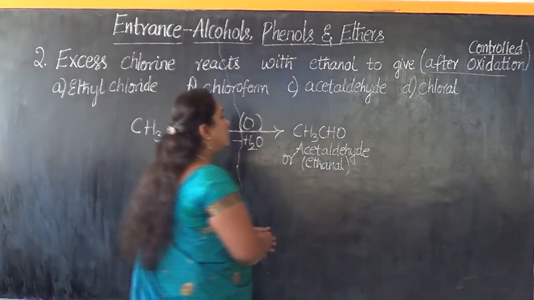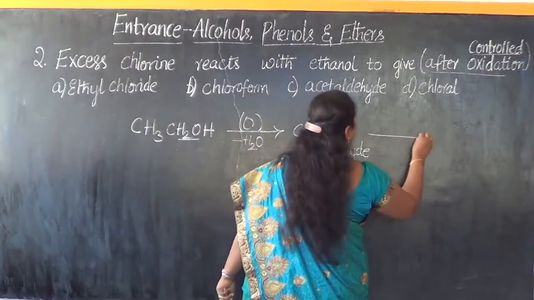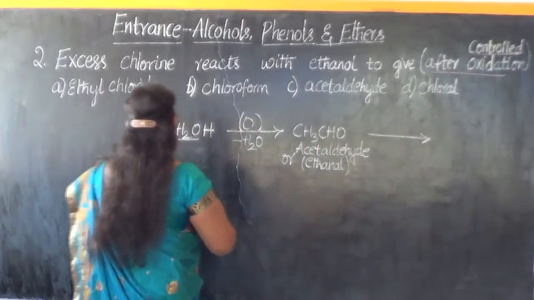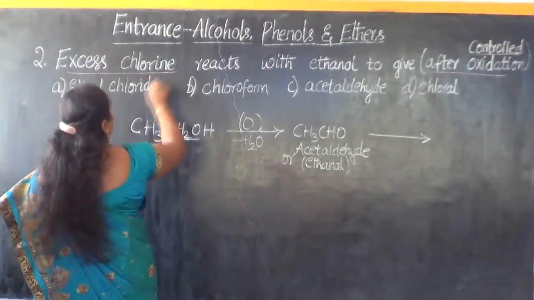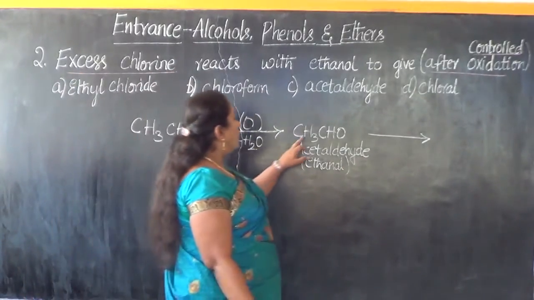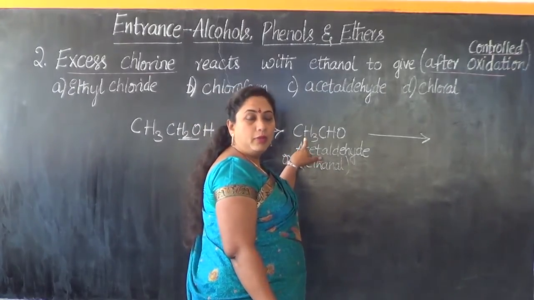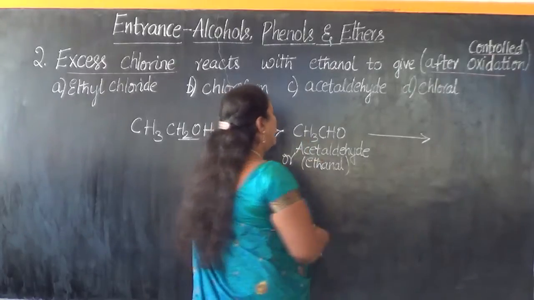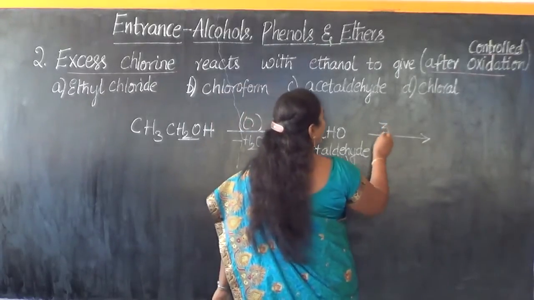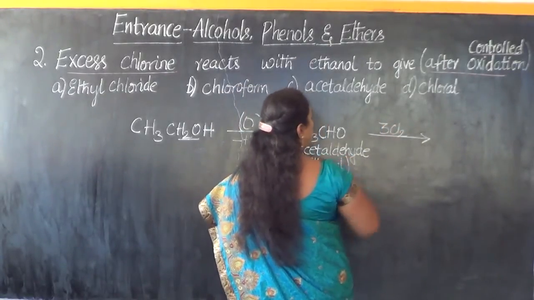Now this is subjected to treatment with excess chlorine. So that means all the 3 hydrogens of the methyl group will be replaced by Cl. So therefore it's treated with excess of chlorine.